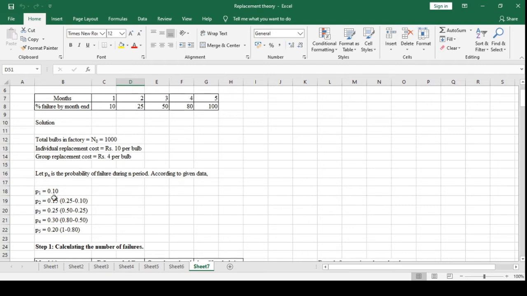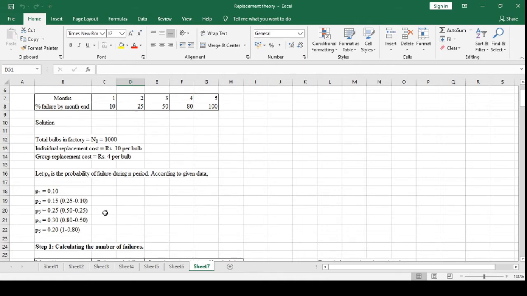P1, that is the probability by the end of the first month, is 0.10, that is 10%, so we'll write down 0.10. The probability for the second month is given over here, that is 25, but we will find the probability by subtracting 25 minus 10, so 15, so we'll write down 0.15.